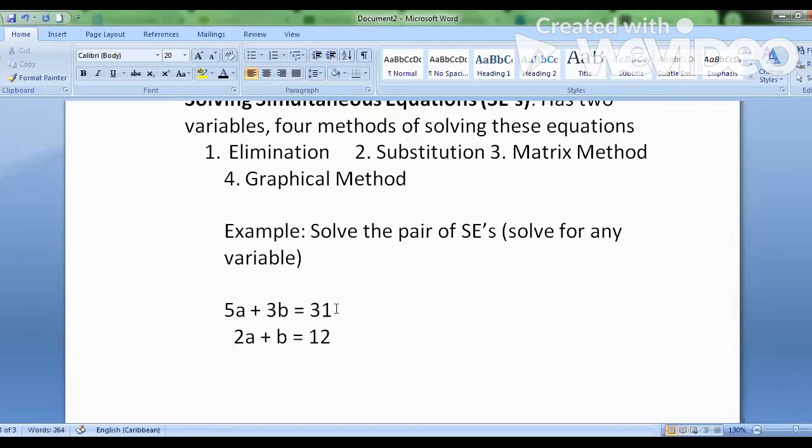We call this equation 1. We call this equation 2.